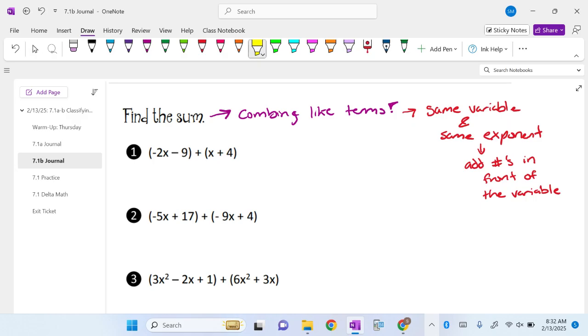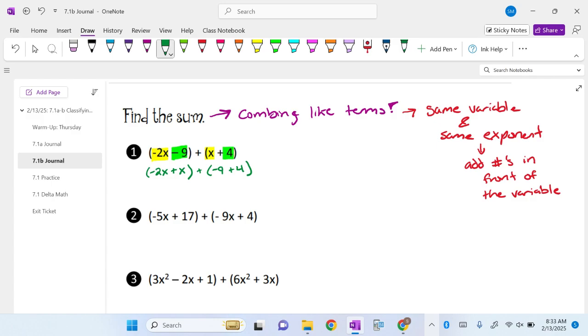So, what are some like terms in example 1? Negative 2x and x. All right, so one set of like terms that I have is negative 2x plus x. All right, what's the other set? Negative 9 and 4. So I then would have plus negative 9 plus 4.